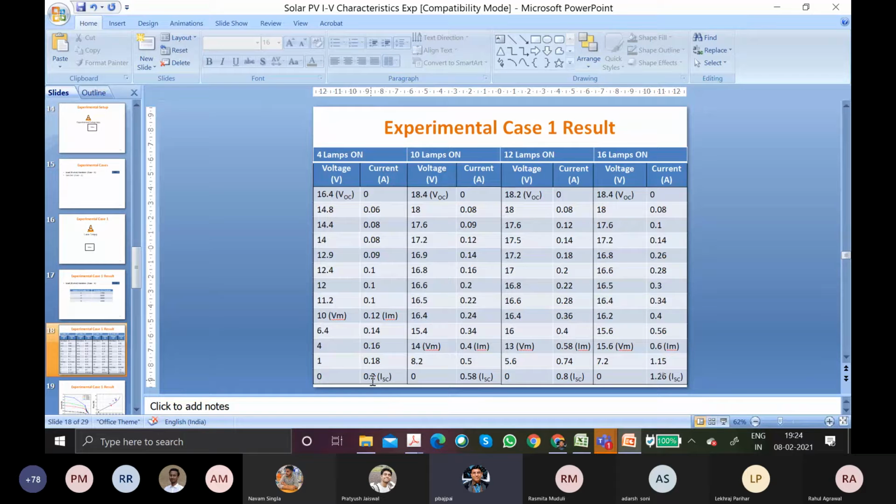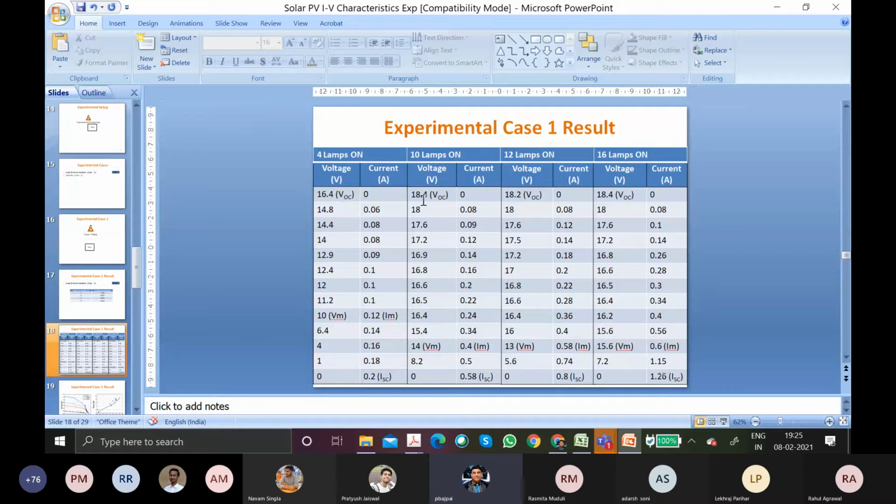Yeah, ISC is achieved in all the cases, and you can see that ISC value is increasing with the 4 lamp, 8 lamp, 12 lamp, 16 lamp, right? That happens in the real solar cell also, with real solar insolation. As the solar insolation is more, the current is more, increasing almost proportionally with the solar insolation. But open circuit voltage remains more or less the same, so that is not changing.